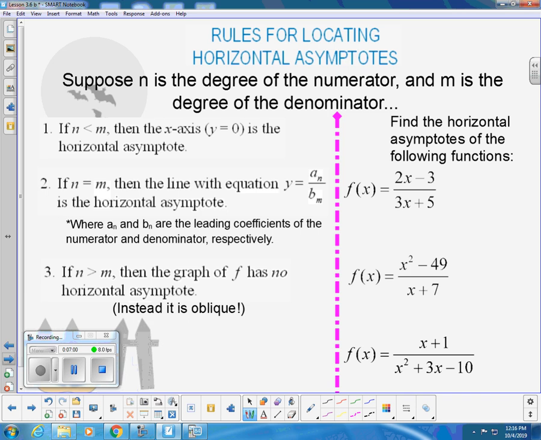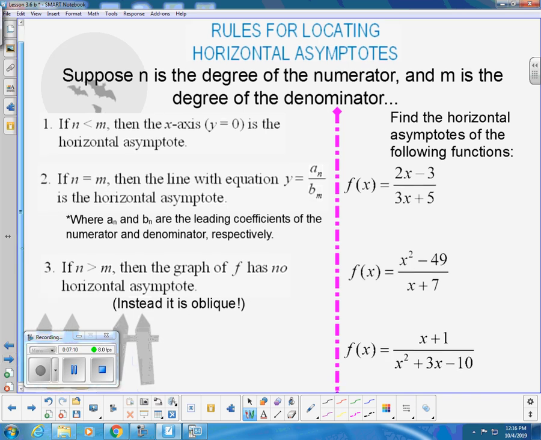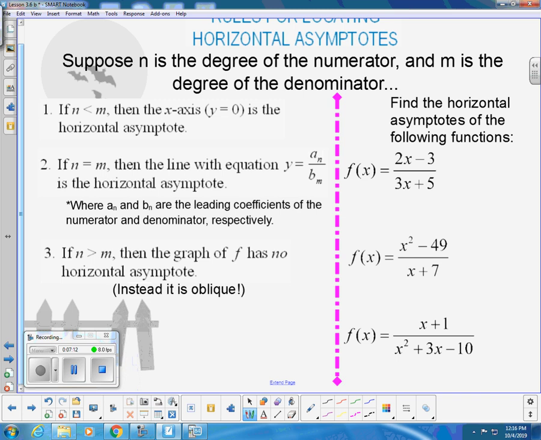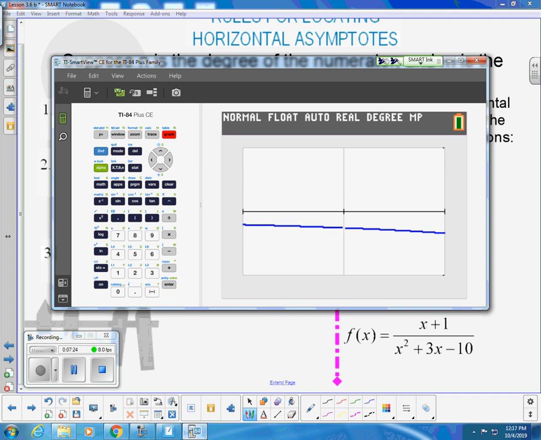If the degrees match, if they're the same, I have a cube on the top and a cube on the bottom, I'm going to look at the leading coefficients, top and bottom. That's my horizontal asymptote. If the degree on the top is bigger than the bottom, there's no horizontal asymptote. That creates what's called an oblique asymptote. Okay? So, this is what an oblique looks like, just so you're aware.